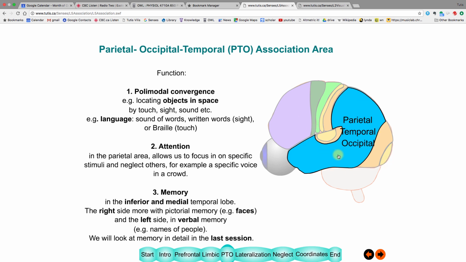And so it combines the signals coming from these 3 areas, and you can see words, hear words, or feel words, and react to them the same way. It's also involved with attention, and we'll see in a moment how important attention is. And finally, it's involved in memory, and we'll do more of memory in the last lecture of this course.